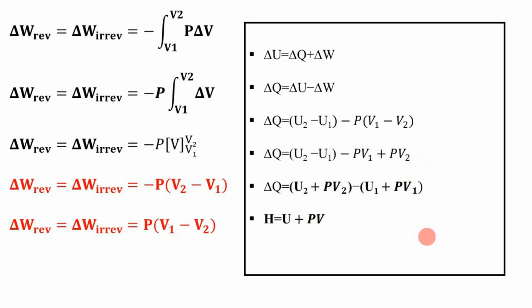Then that means the heat at constant pressure is equal to the change in enthalpy, which is the final enthalpy minus the initial enthalpy, which is equal to nCp dT.